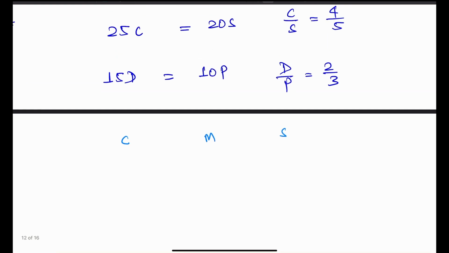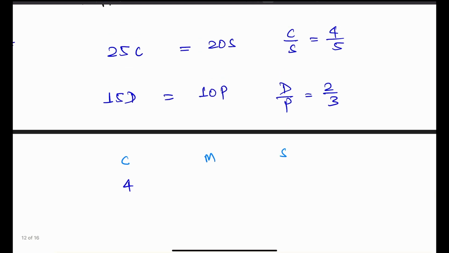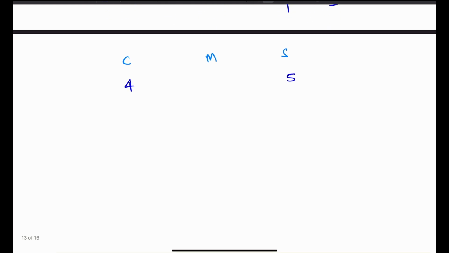So in the ratio we'll just write whatever the ratio is. Cost price we got as 4. Our sale price was 5. I'm just writing the ratio over here. One more thing is, in this case my profit is 1, right?